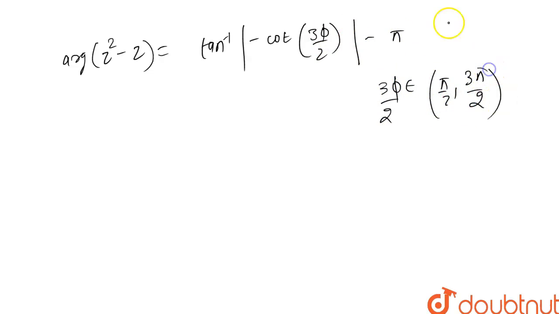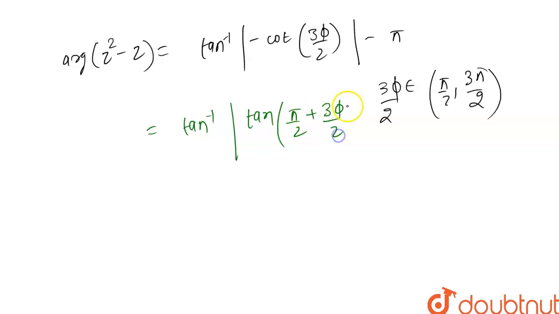It means in the second and third quadrant, but in the third quadrant tan and cot are positive, so I can write cot as tan of pi by 2 plus 3 phi by 2, because in the second quadrant tan is negative, so tan of pi by 2 plus 3 phi by 2 gives again minus cot 3 phi by 2.